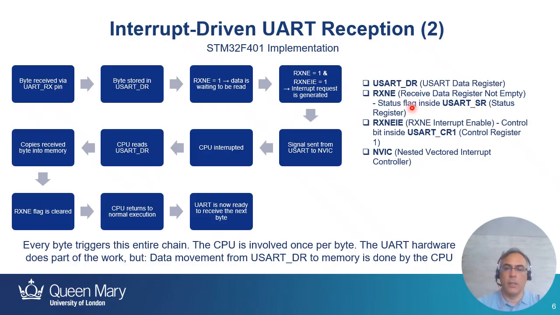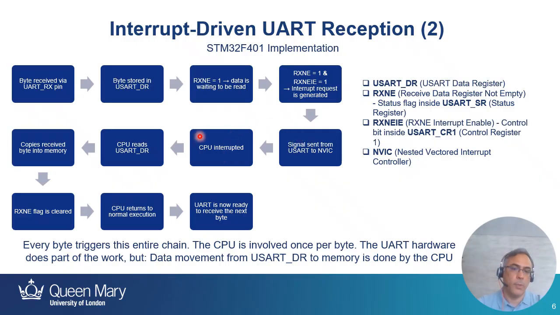The other one, the RXNE interrupt enable, is a control bit inside the USART control register 1. If both are 1, an interrupt request is generated. That means a signal is sent from the USART to the NVIC, which requests an interrupt to the CPU. So the CPU is interrupted.